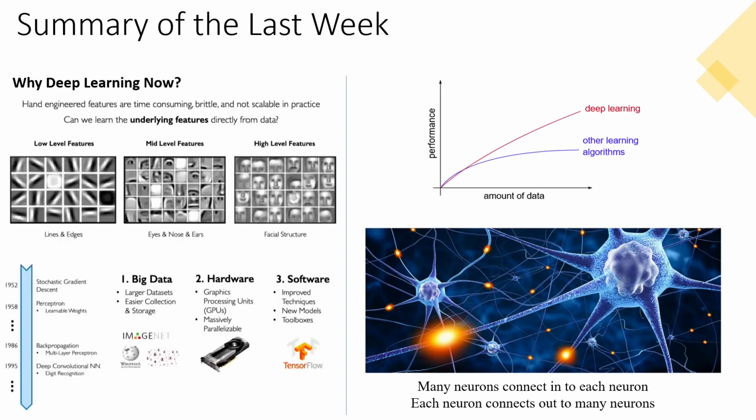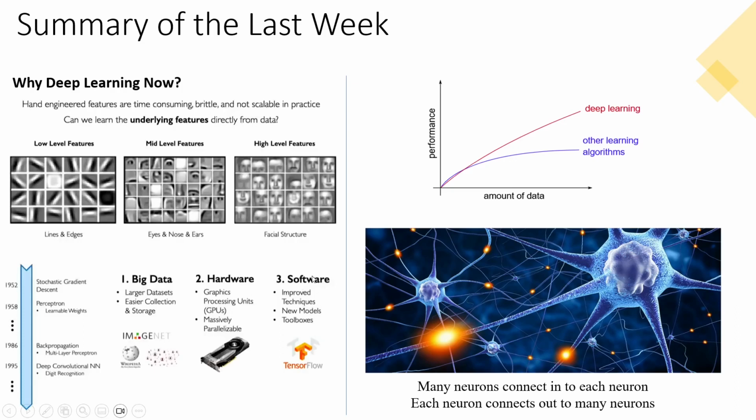But if you have good hardware, then things are much better, and you can massively parallelize this kind of architecture. And in order to use this kind of architecture or hardware, you really need software as well. So you need these three altogether. You need data, you need hardware, and you need software.